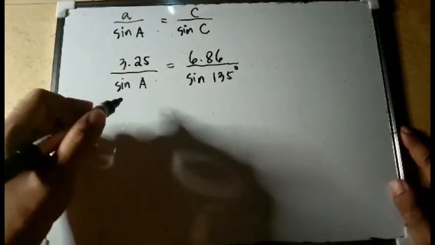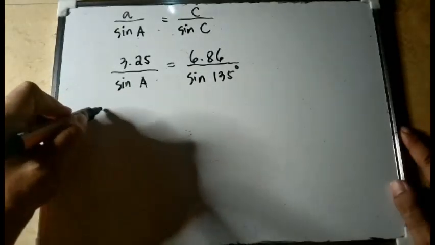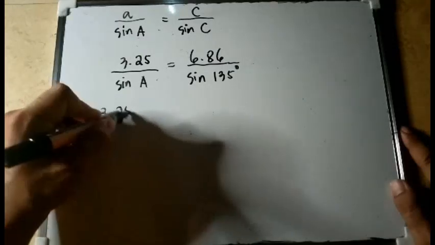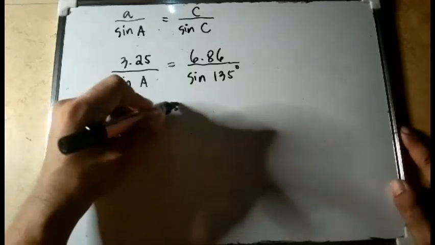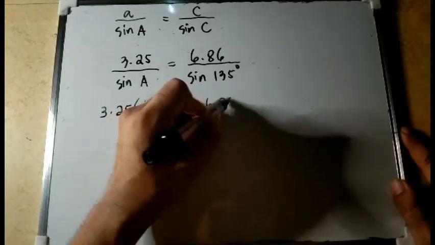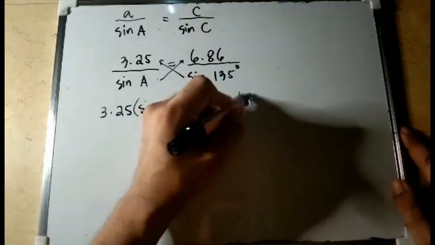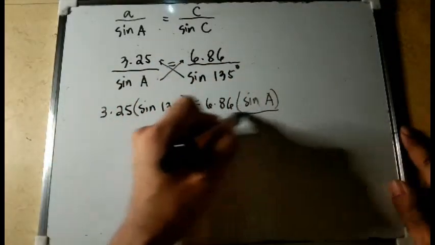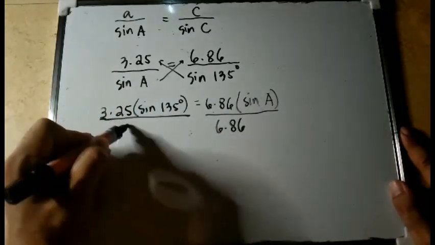So lalabas, we have 3.25 times sine 135 degrees is equal to 6.86 times sine A. Then divide both sides by 6.86.